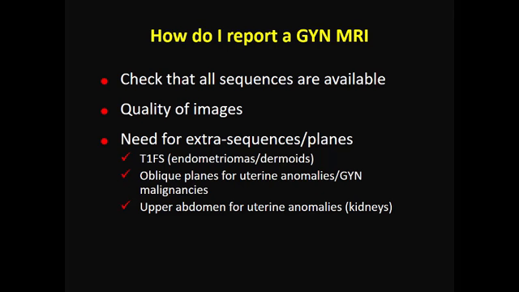If you're looking for endometriomas or dermoids, or if you saw something of high signal intensity on T1 weighted images, then you can ask for the T1 fat-saturated images. And I'm sure you'll hear more about this in the next talk. You make sure the planes are correct for the GYN malignancies or uterine anomalies, and you also check that the upper abdominal images are there for both the para-aortic region for the lymph nodes and also the presence of kidneys.